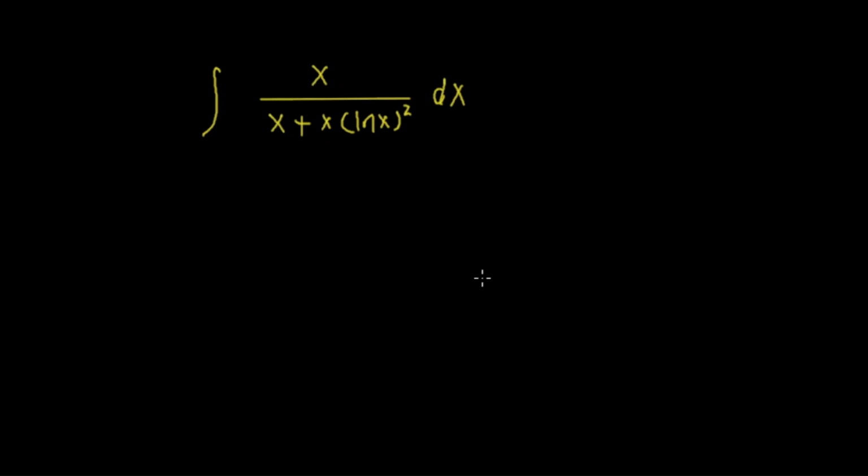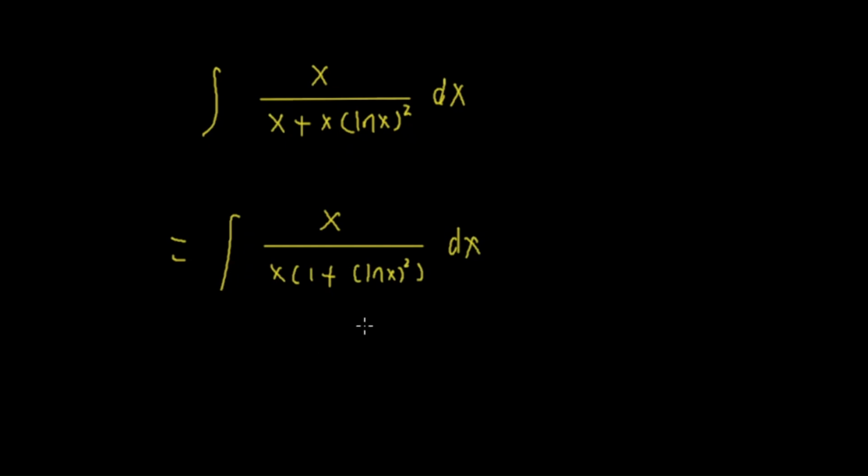Let's solve this integral here. How do we start? Right away, I can factor out the x in the denominator. I can cancel out the x in the numerator, right? So let's do this. Integral of x over x times 1 plus ln x squared dx.